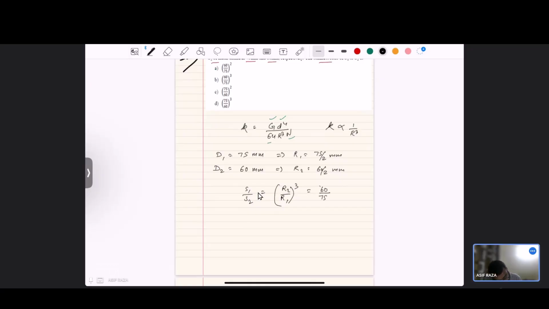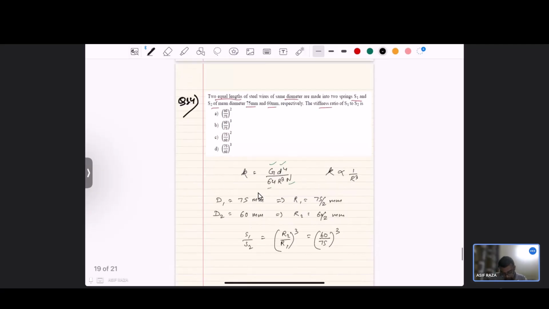So this is 60 upon 75 cube, right? Two equal lengths of steel wires of same diameter are made into two springs. Did I make any mistake?